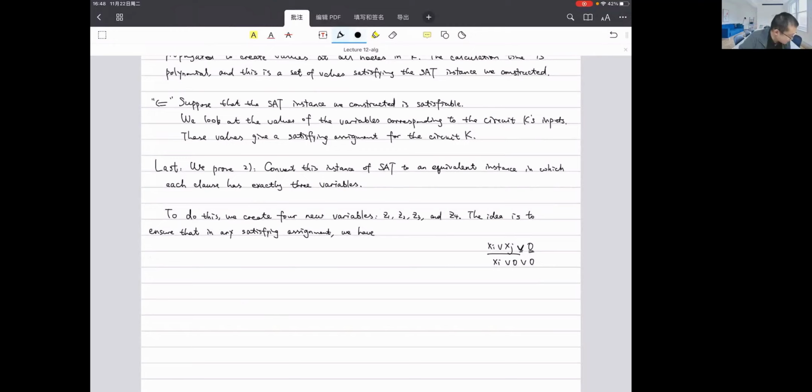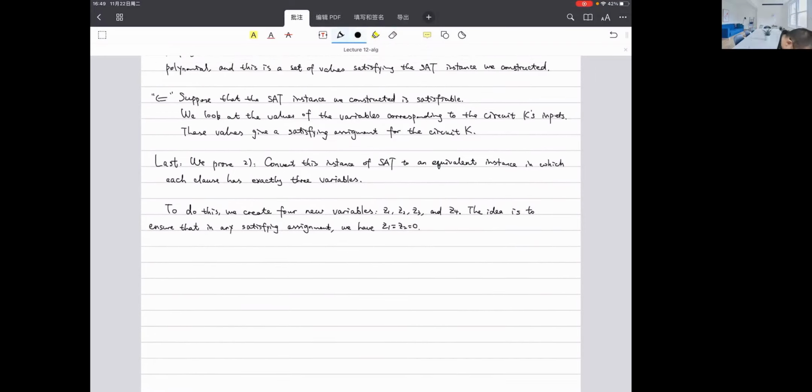In particular, in a satisfying assignment, we want to restrict such that Z1 equals Z2 equals 0. So we are going to borrow 4 variables, and 2 of them are going to be enforced to be 0, and the Z3 and Z4 here are used to enforce that Z1 and Z2 are equal to 0. So let's see how to do this. This is achieved by adding 8 clauses.